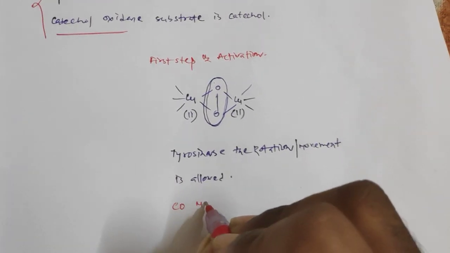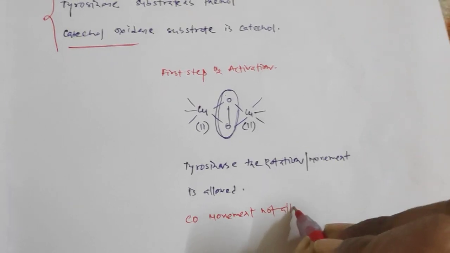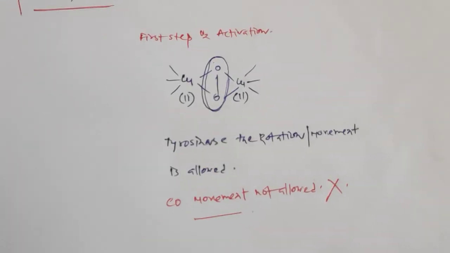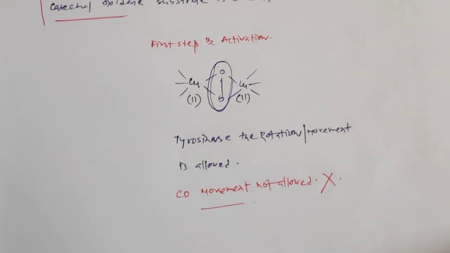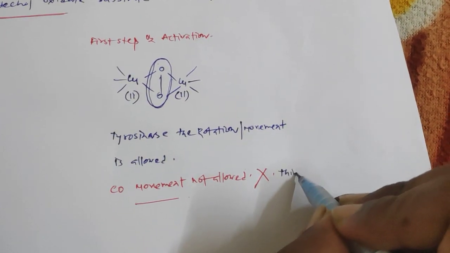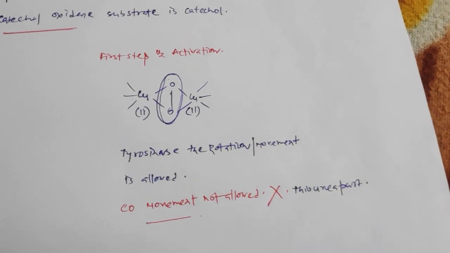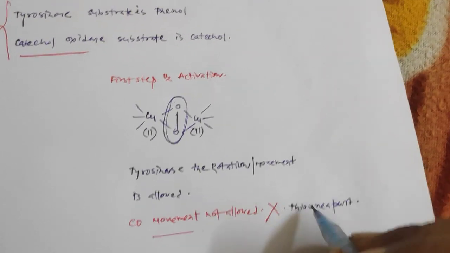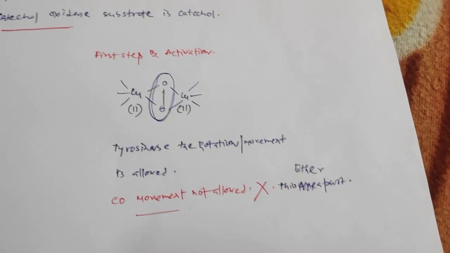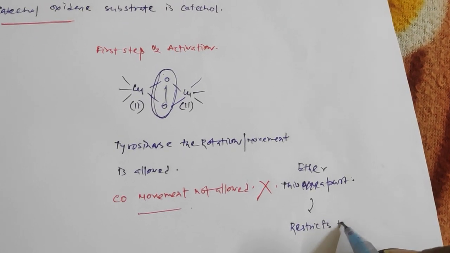CO, movement not allowed, because in the protein chain there is a bound protein chain around the active center. There is a thioether part, and that thioether part restricts the movement.